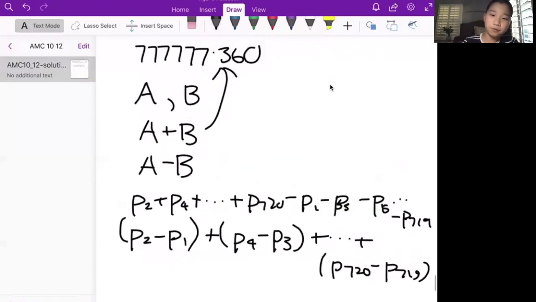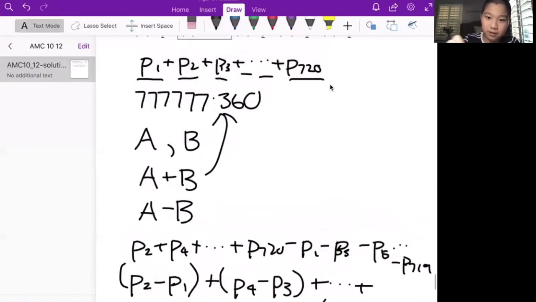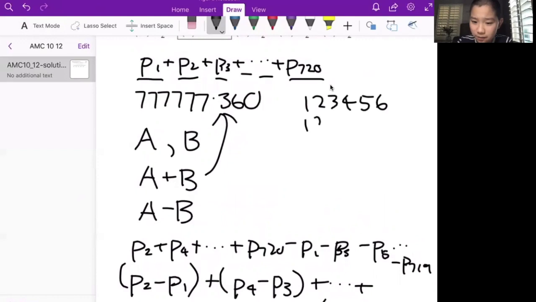So let's try to find a bit more patterns between the numbers. P1 is 1, 2, 3, 4, 5, 6. The smallest you can make for P2 is if you switch the last two digits, because the last two digits don't matter as much. And after that, it's 1, 2, 3, 5, 4, 6.